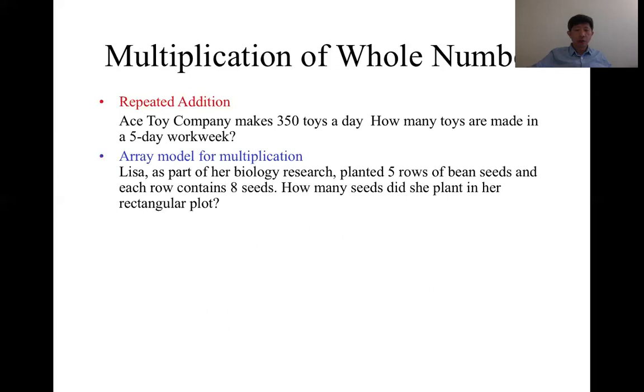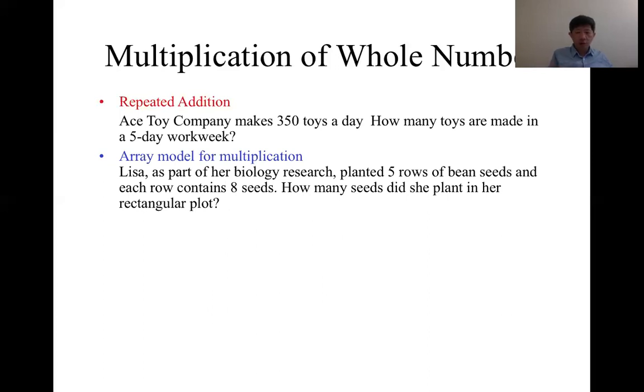Next, array model multiplication. Lisa, as part of biology research, planted 5 rows of bean seeds, and each row contains 8 seeds. How many seeds did she plant in her rectangular plot?